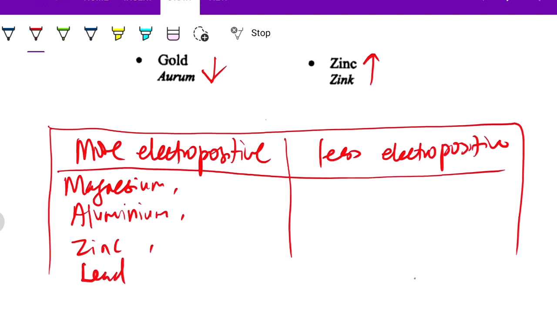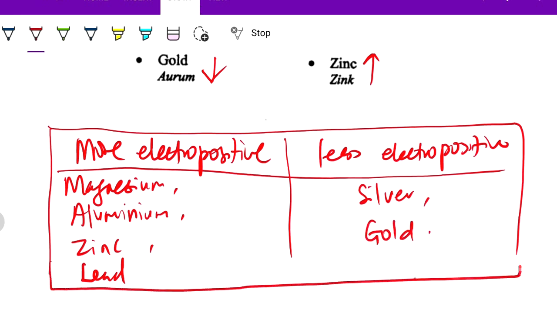Less electropositive, only two: silver and gold. So you can get score 3. If totally reversed, it will be score 1 only.